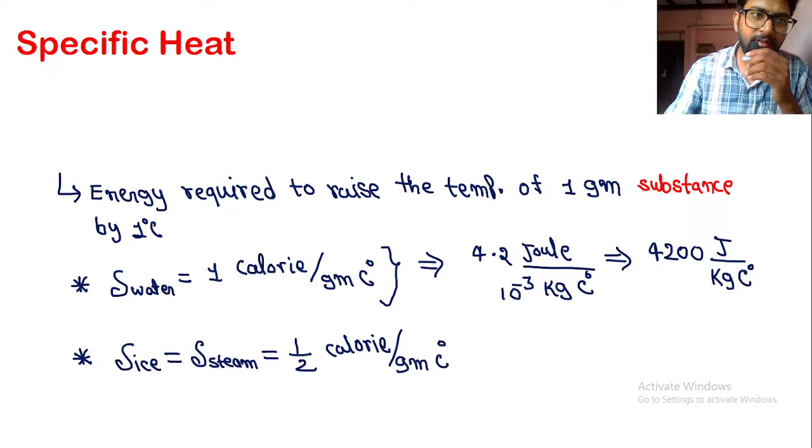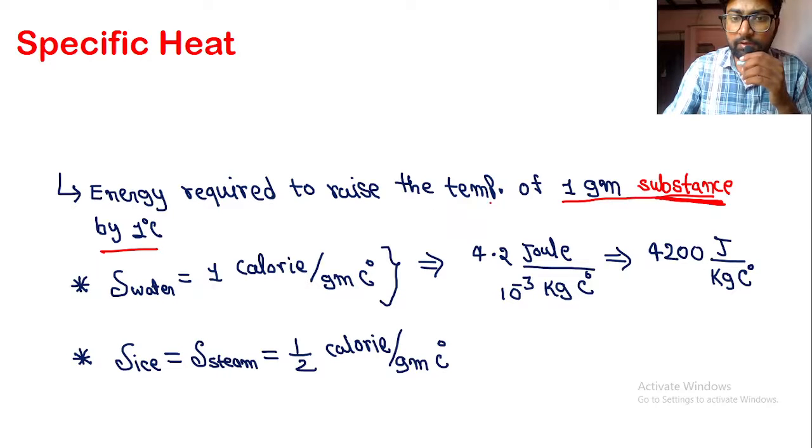So come to the next concept, that is the specific heat. Specific heat means the energy required to raise the temperature of 1 gram of a substance by 1 degree Celsius. It need not be water, any substance can be used.